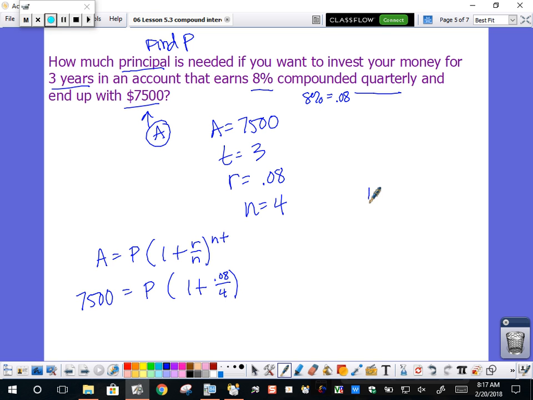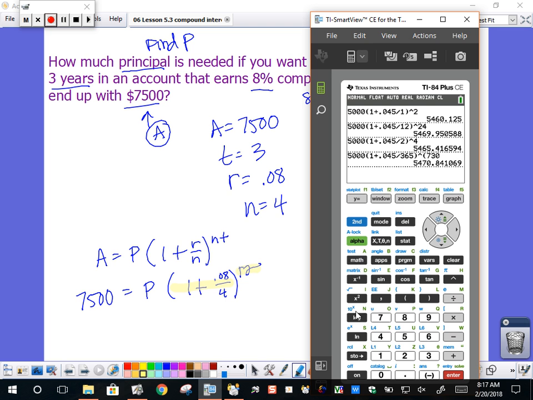Okay, and then up here you have n times t, so n times t is going to be 4 times 3, or 12. Okay, now for this one, what you want to do is type this part over here in your calculator first. So I'm going to just do this part over here. 1 plus, parentheses, 1 plus 0.08 divided by 4, to the power of 12.